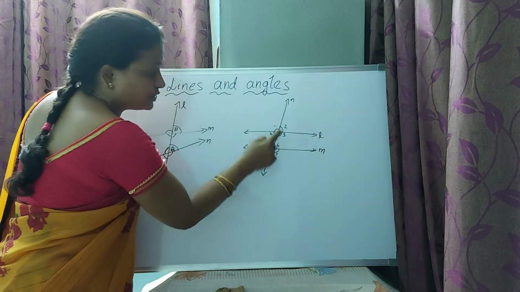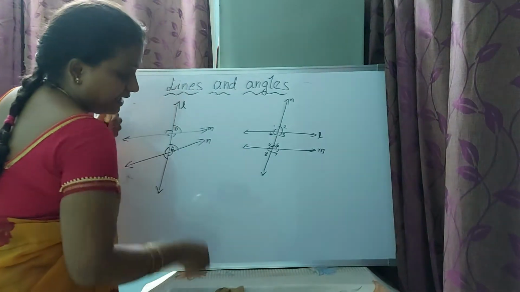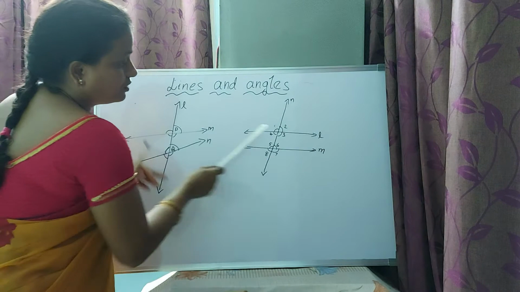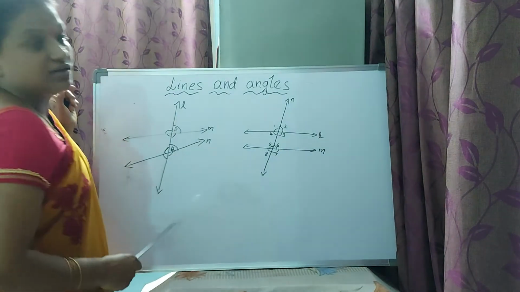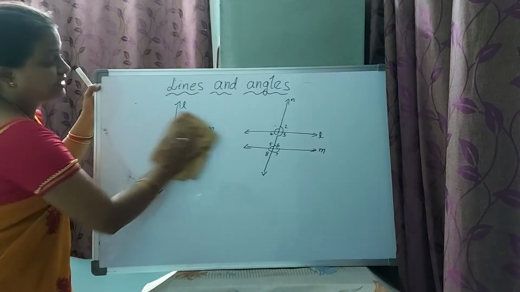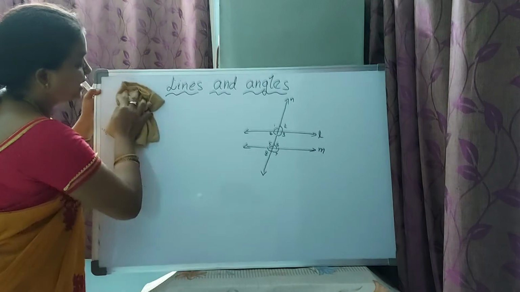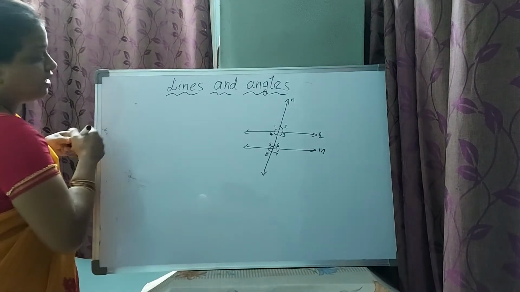Angle 2 is equal to angle 6. Angle 4 is equal to angle 8. Angle 3 is equal to angle 7. Those are the corresponding angles. If two lines are parallel, then the corresponding angles are equal.